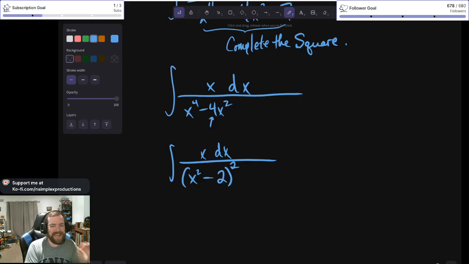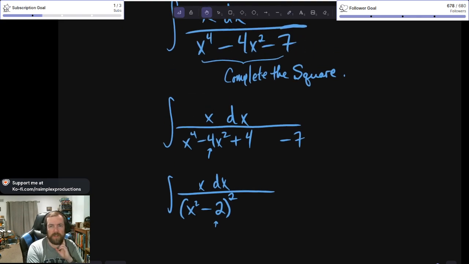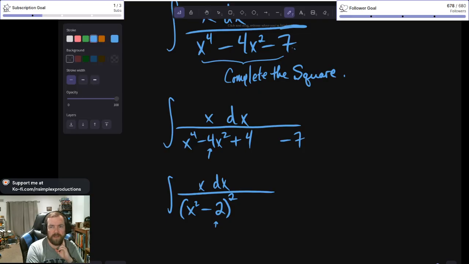Then the last term, if we look at what the last term is going to get us, the constant is going to be a plus 4. We started with a minus 7, and I'm just going to kick that along, put that at the end.